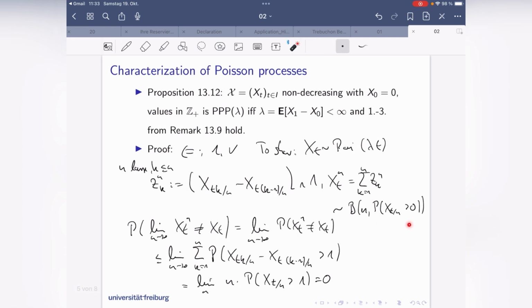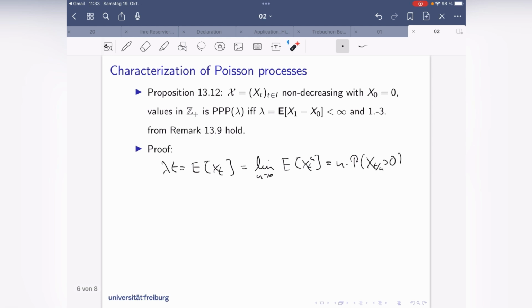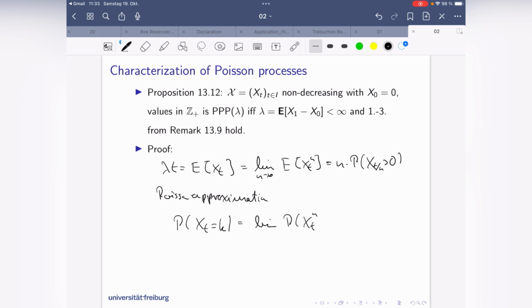Like this here. And this binomial distribution here, we know, converges to the Poisson. So Poisson approximation. You can look that up in the course on probability theory. We have that the probability that X_t equals k must then be the same as the limit of the probability that X_t^n equals k as n goes to infinity.